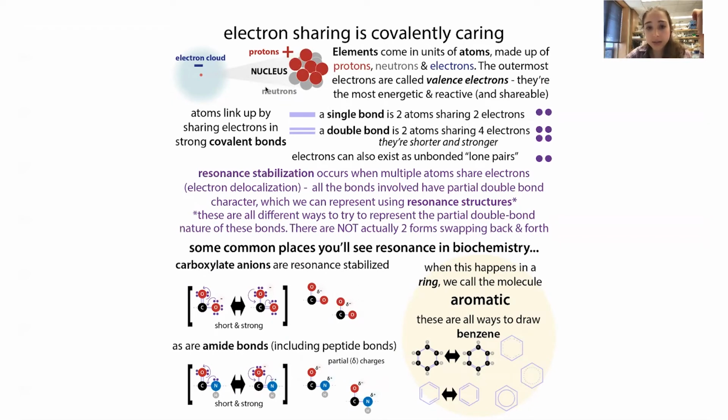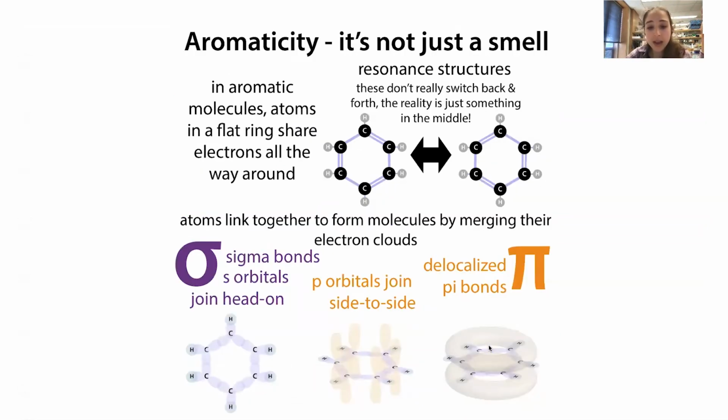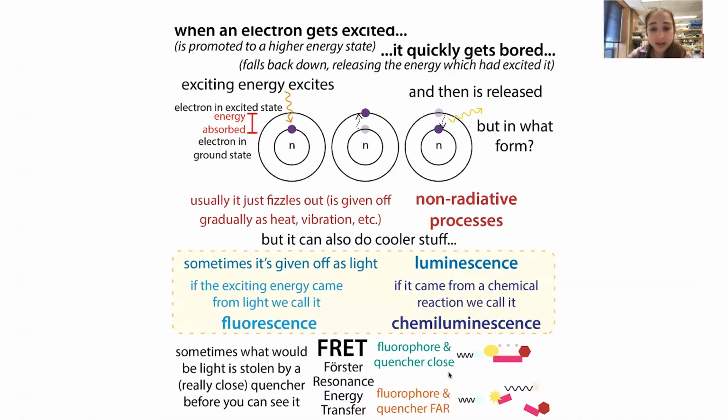When atoms are linking up to form molecules, they do so by sharing pairs of electrons. And when they share this in a communal way around a ring, we call it aromatic. The important thing here is that when energy is being absorbed by these molecules, the energy is being used to excite electrons. Electrons can live in different energy levels.